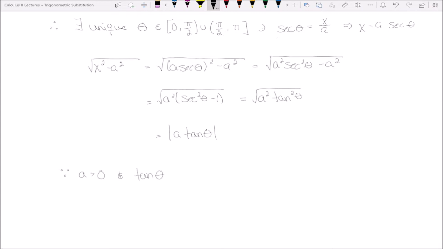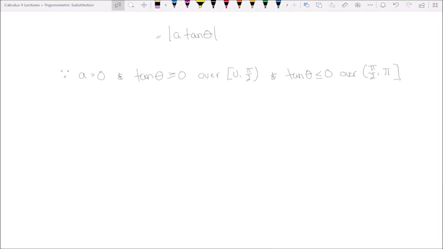We have tangent of theta is greater than or equal to 0 over 0 to pi over 2, and it is less than or equal to 0 over pi over 2 to pi.